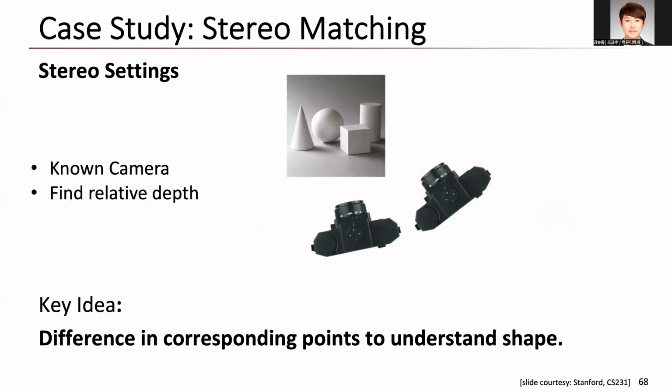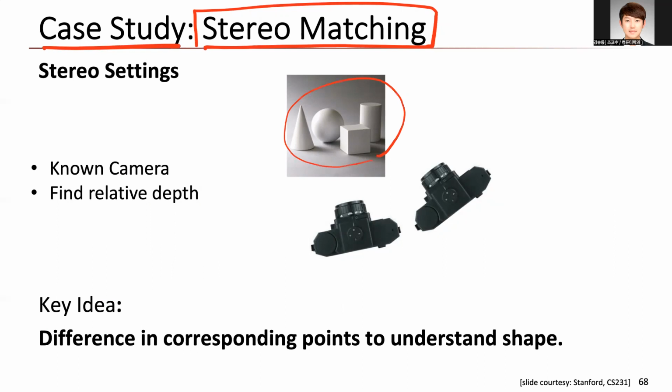Okay, I want to start with a case study of stereo matching. So what is stereo matching? To discuss stereo matching, we have to consider the stereo setting. Given a scene, we want to make a machine that resembles our two human eyes.